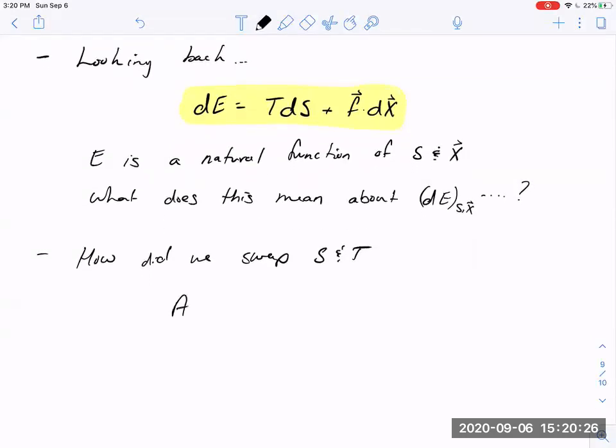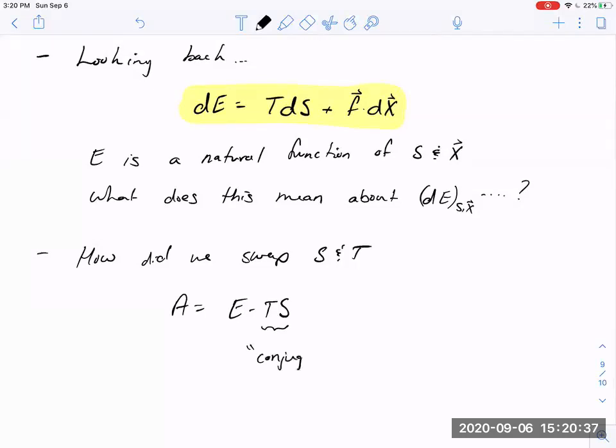We defined A, the Helmholtz free energy, as E minus TS. That T and S are what we'll call conjugate pairs. What that means is that the energy, which is some natural function of the entropy, has differential changes in the energy that occur through differential changes in the entropy.